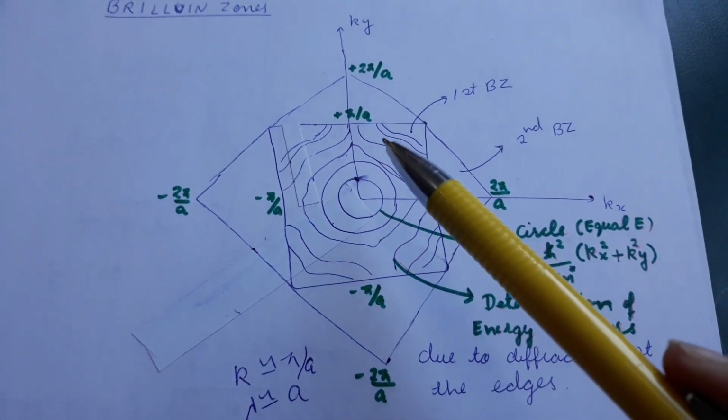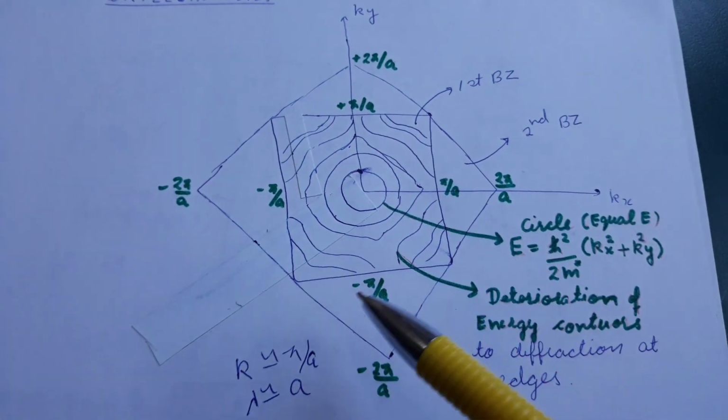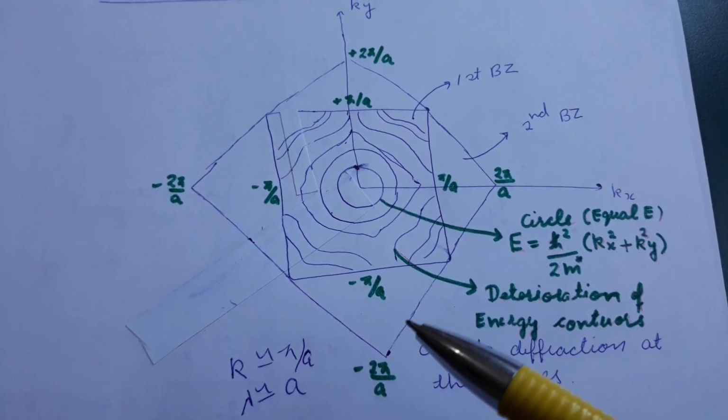Because of this, the energy contours are deteriorated as you move nearer to the Brillouin zones due to diffraction at the edges.